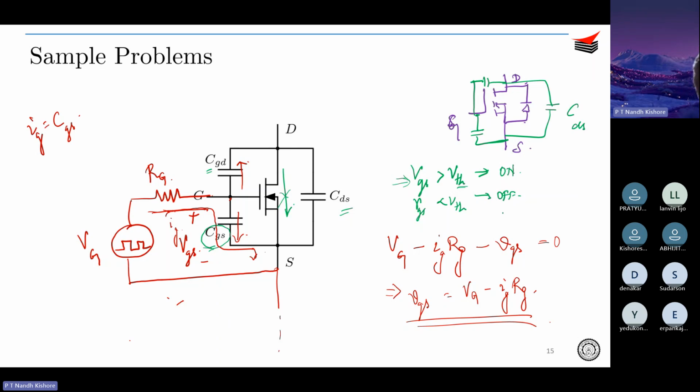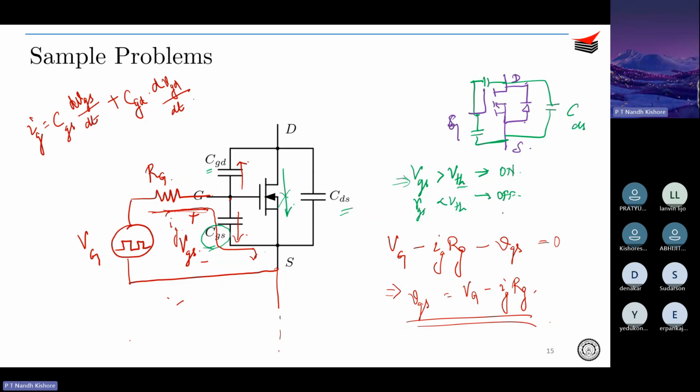So if we consider just this voltage over here, CGS into dVGS over dt, right? Plus CGD into dVGD over dt. Okay. So IG is basically what? IG is getting split into two branches, that is through CGD and through CGS. Okay. CGS into dVGS by dt plus CGD into dVGD by dt.